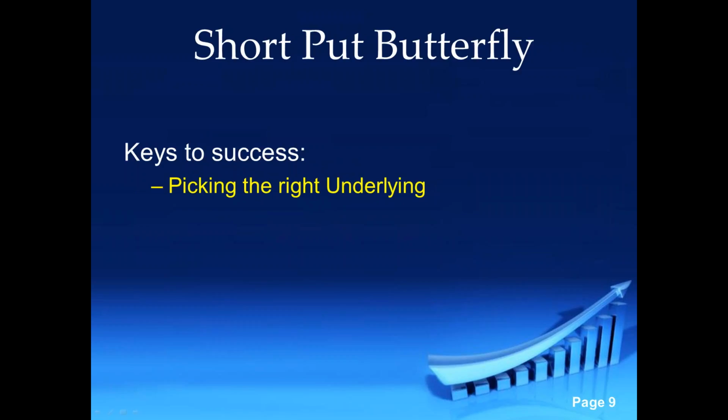And I kind of started on this already. Pick the right underlying. This is really important, you guys. There are stocks out there that are commonly traded on the open market that just don't have a lot of open interest in the options. And then you can find some that you don't see very widely talked about on mainstream media, say Micron Technologies or something like that.